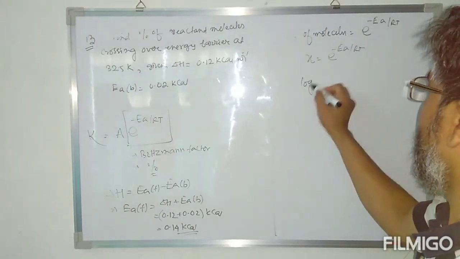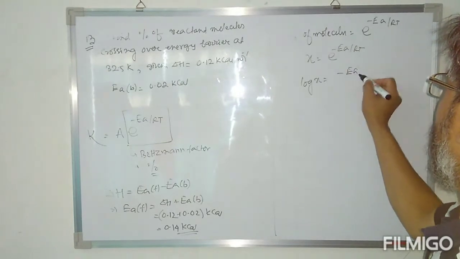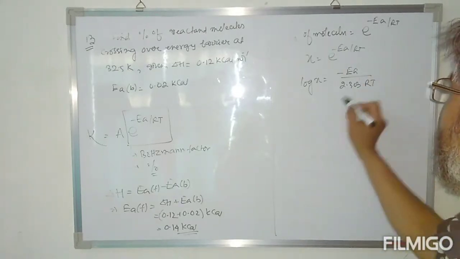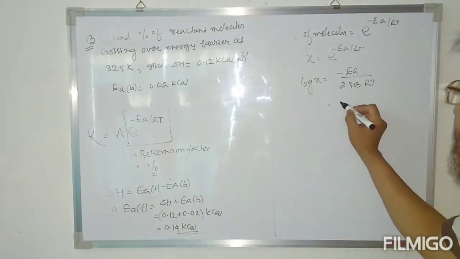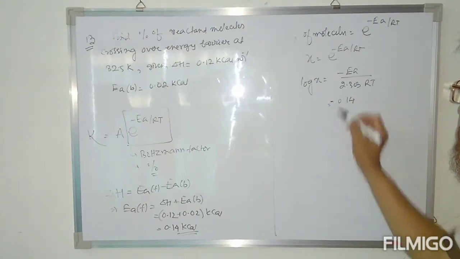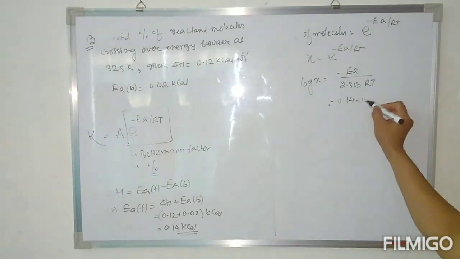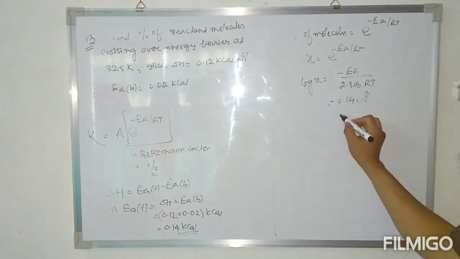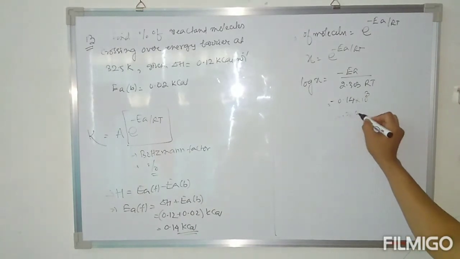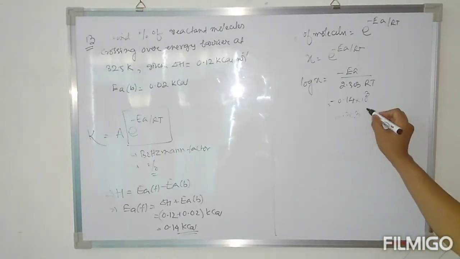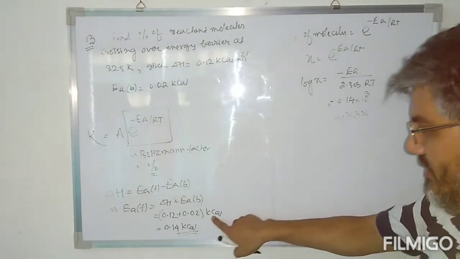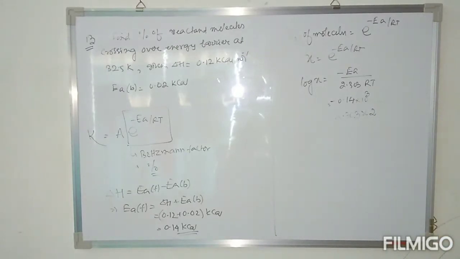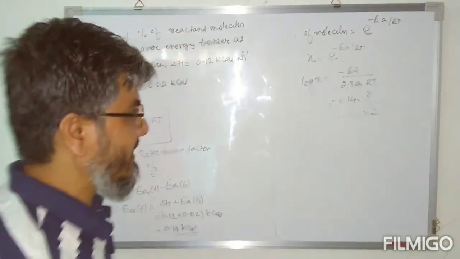Taking logarithm, log X is equal to minus Ea by 2.303 RT, where the activation energy of the forward reaction is 0.14 kilocalorie, so 0.14 into 10 to the power 3, divided by 2.303. Now the unit of energy is given in terms of calorie, so in terms of calorie the value of R is 2 calorie. So this is the value of log X.